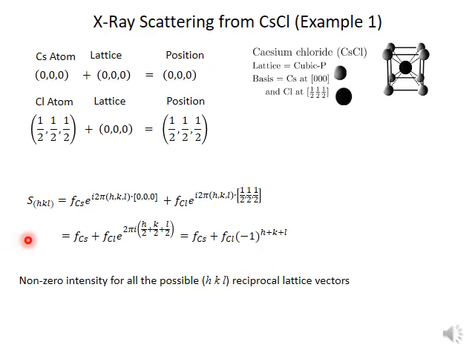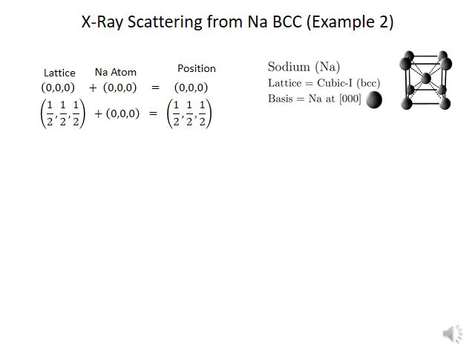Which would mean that you would have some non-zero intensity for all possible combinations of hkl over here, where hkl would definitely be integers. So cesium chloride, which has a primitive cubic lattice, would have all the possible hkl points, or reciprocal lattice points, in the diffraction pattern.